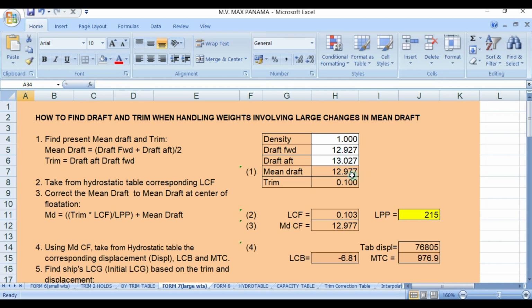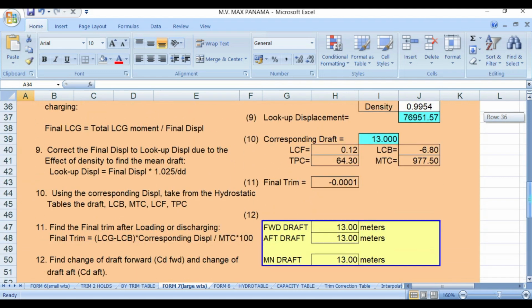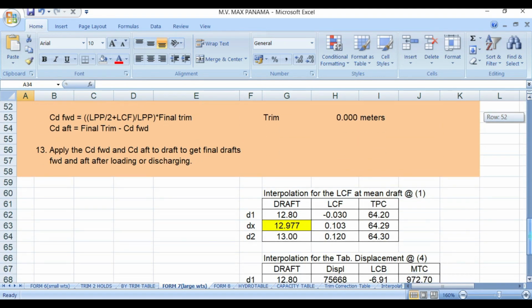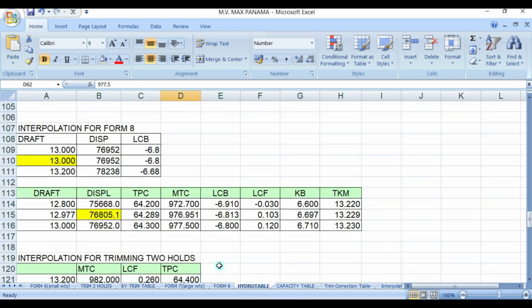In number two, from the hydrostatic table, you get the LCF of this mean drop, which is 12.977. To get this LCF, you have to interpolate and find the drop of 12.97.